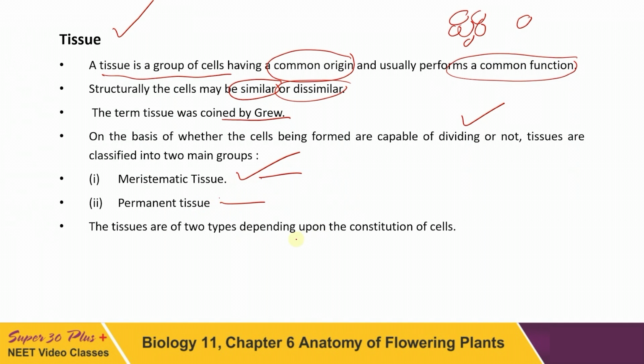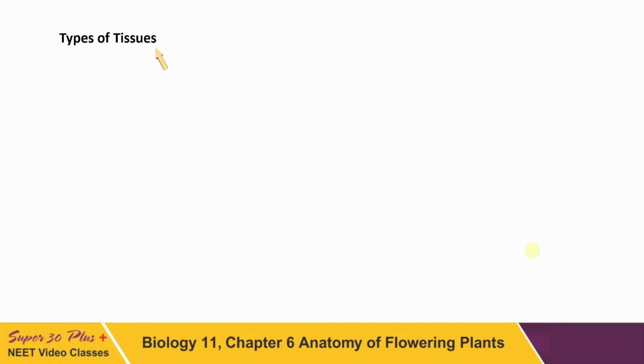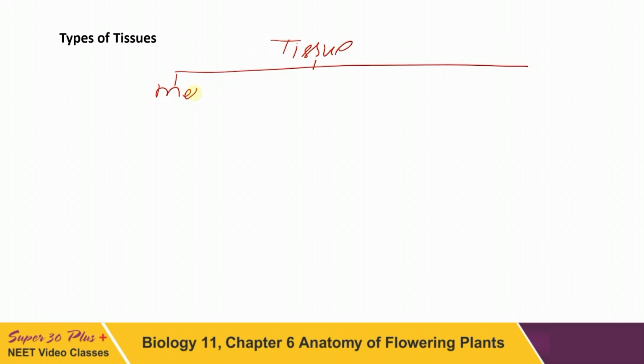So tissues are of 2 types depending on the constitution of their cells, that is whether they are able to divide or not.